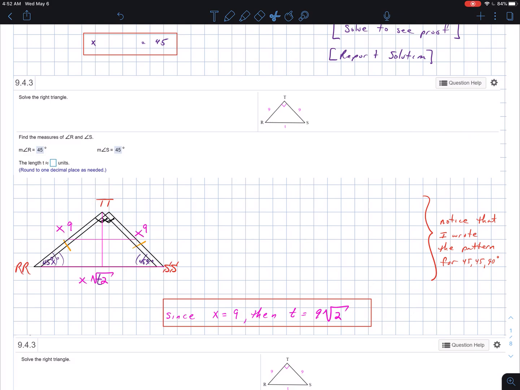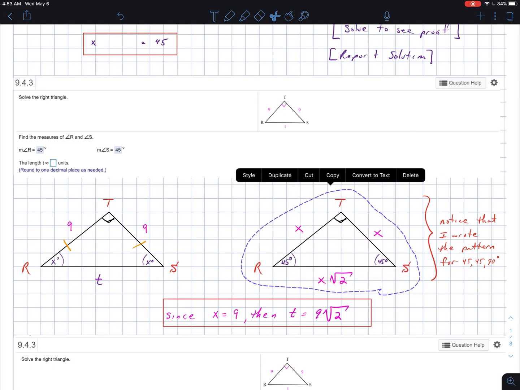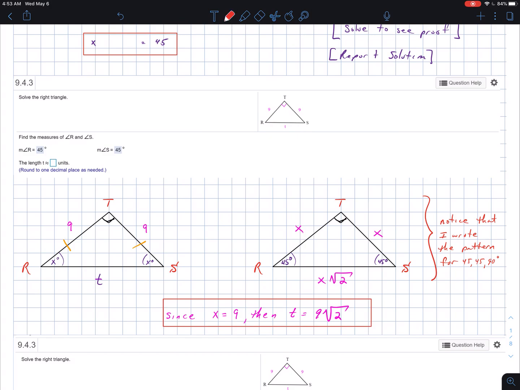So if we follow our general pattern here, then all we have to do is substitute 9 in for x. All of them. And once we do, we can report our answer very quickly: the distance t in this case is 9 root 2.